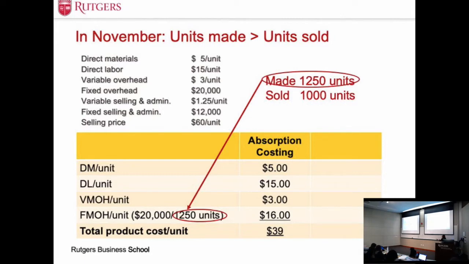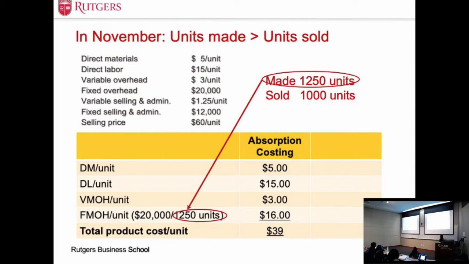The direct material per unit is $5, which is given here. And the unit direct labor, 15, is also given. And the unit variable overhead is 3, it's given. So the first 3 components of the unit product cost under the absorption costing are given. And the difficult part is to calculate the unit fixed overhead.